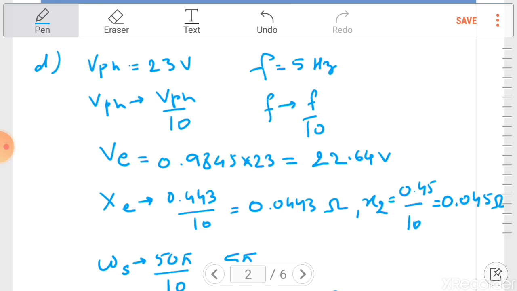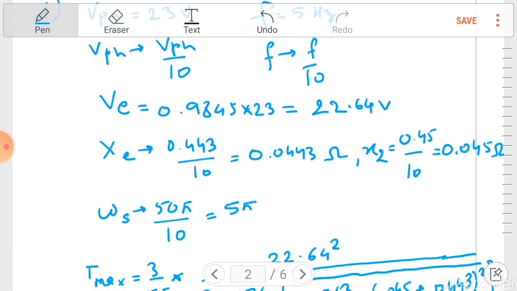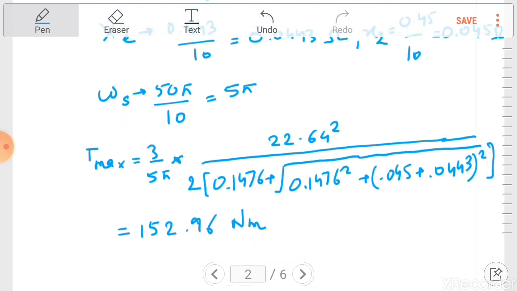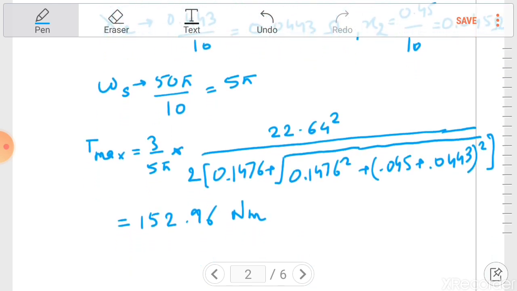That's why the effective voltage will reduce to 1/10, meaning 22.64 volt as compared to option A, and the equivalent reactance as well as rotor reactance and synchronous speed are also reduced to 1/10 due to frequency. We put these values in the maximum torque equation, and we get the maximum torque equal to 152.96 Newton meter.